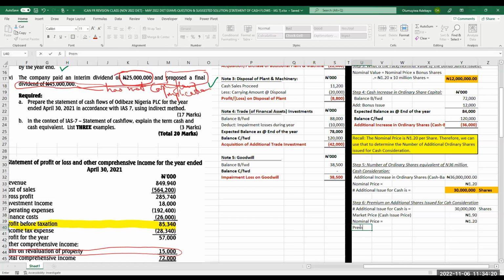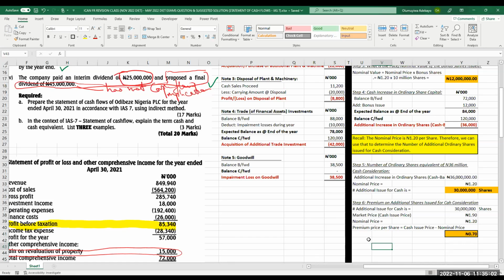Premium price per share is cash issue price minus nominal price. And what is that? That should be 1 naira 90 kobo, not 1 naira 20 kobo, and that is 70 kobo. Okay.